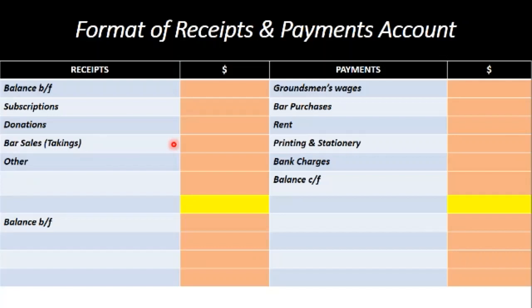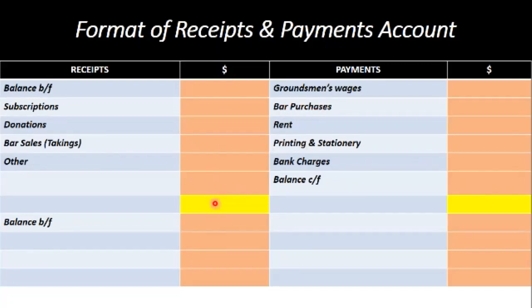So when they have events, the sales from the bar comes under receipts here. Then you have other things, fundraising activities that they might have. All the money that they collect from it comes in here. Add it up, and you will get a total here.